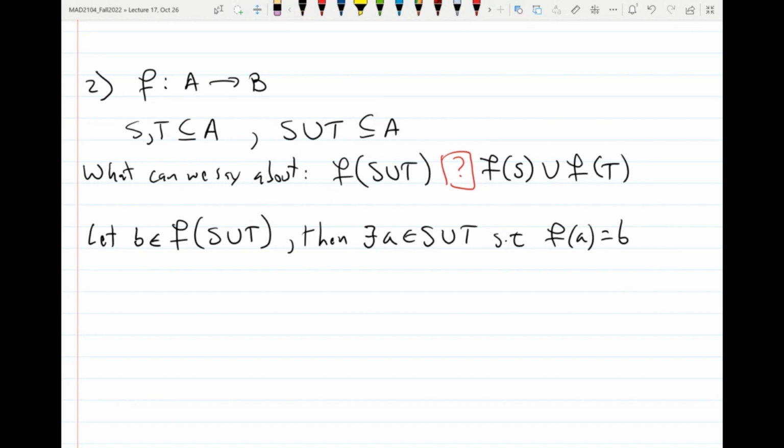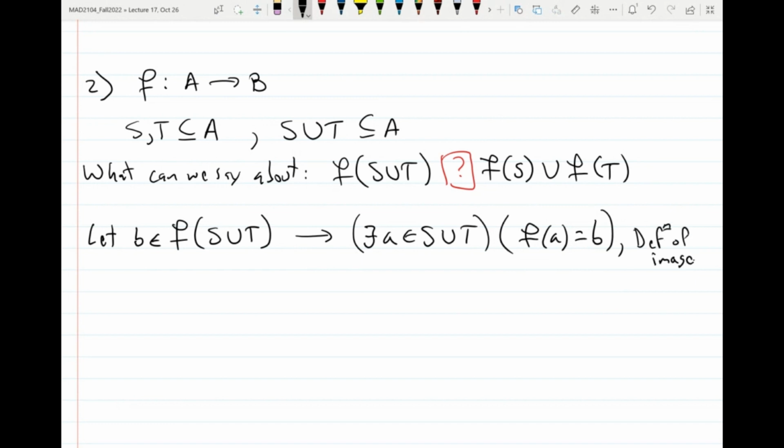So let b be an element in the image, then there exists an a in the union such that f of a equals b, and here I use the definition. Because now we're going to play with a little bit of logic. So that was the definition of image. All right, now what am I going to say? I'm going to use the definition of union. If a is in the union, what does that mean?